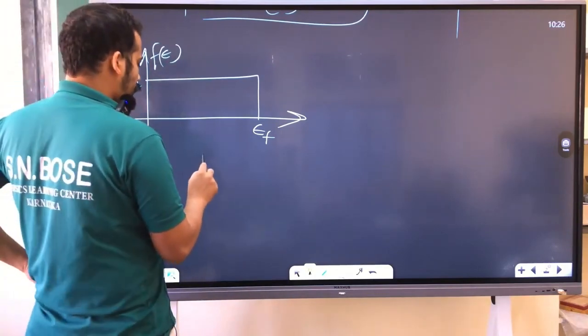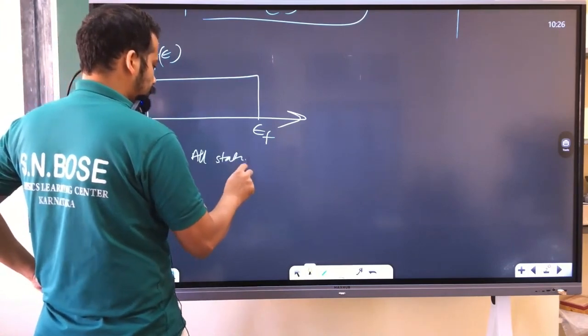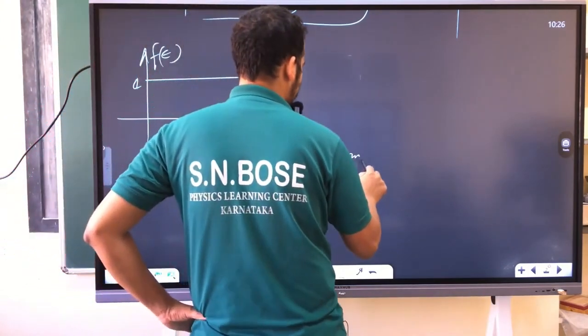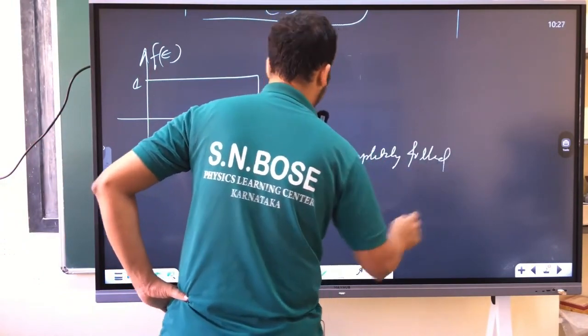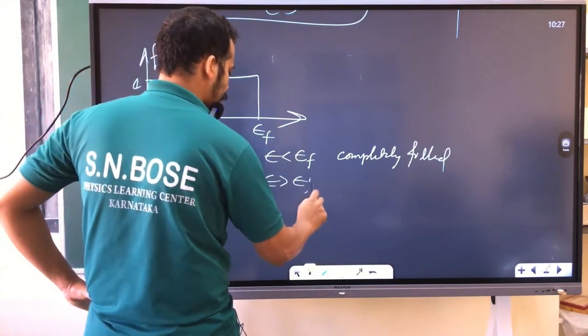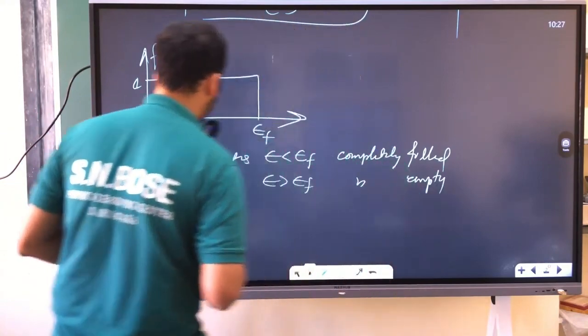So that means all states for which E is less than EF are completely filled. Am I right? Completely filled. All states with E greater than EF are completely empty, isn't it?